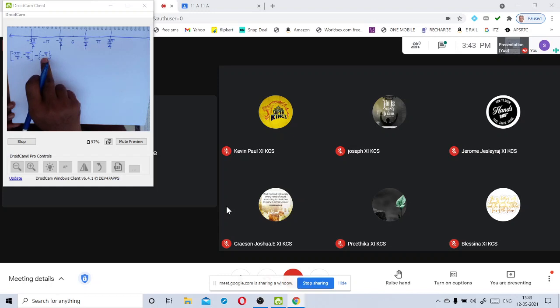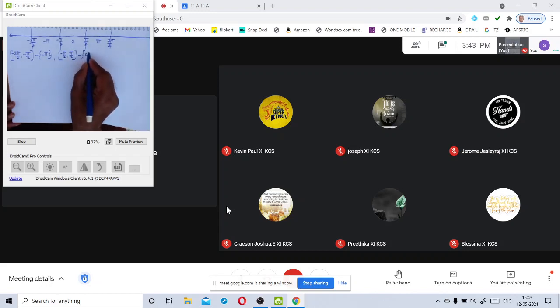That is why we are excluding this value. Similarly, closed interval minus pi by 2 to pi by 2 minus the singleton 0. If you take x value as 0, cosecant x is not defined. That is why we are excluding this number in this interval.